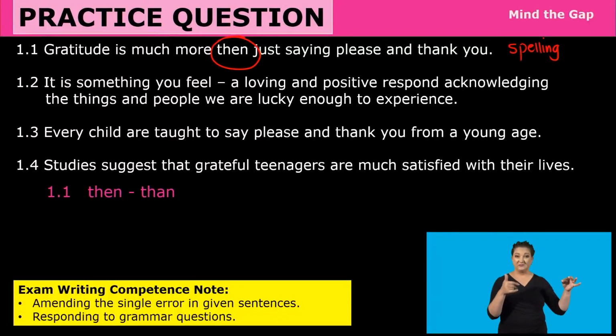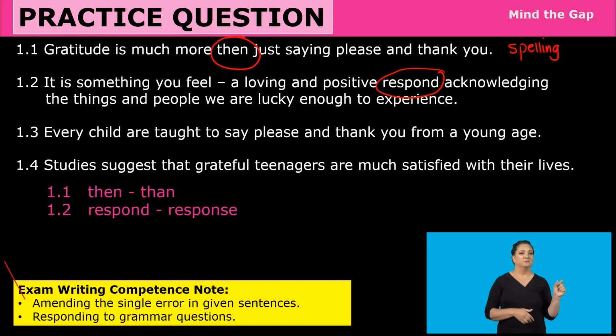Let's move on to 1.2. Now remember, in our sentence when we read it, we had a little issue with the word respond, okay? So let's look at our response and see what it identifies, all right? The word should be response instead of respond, all right?